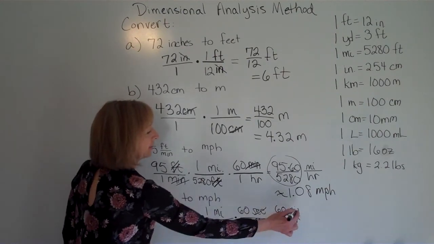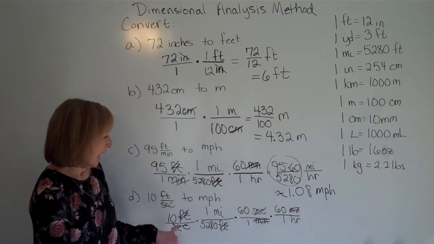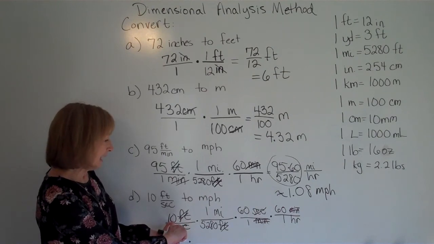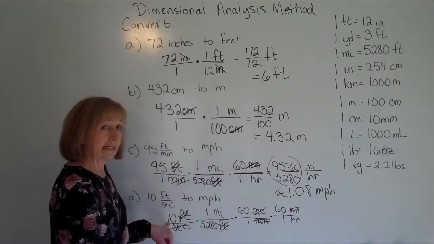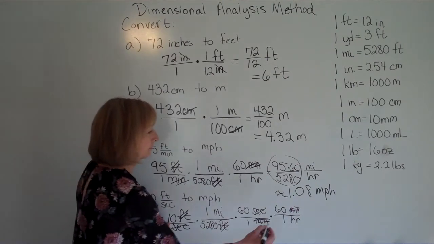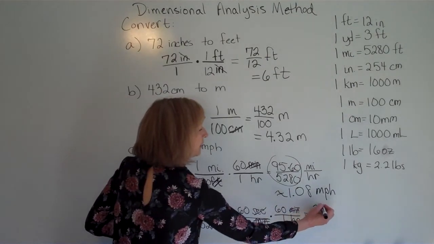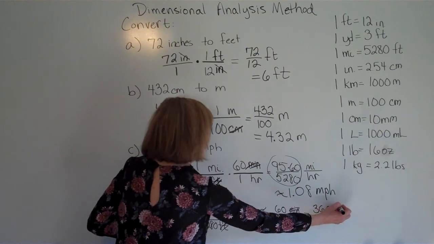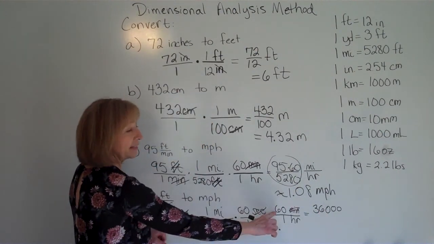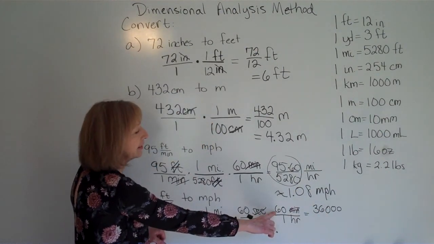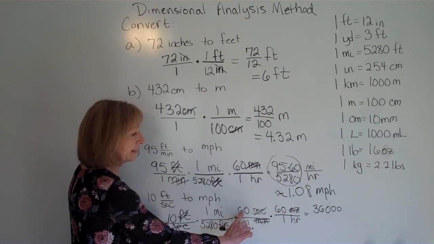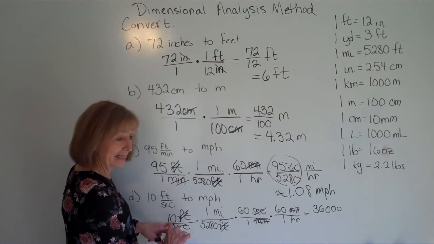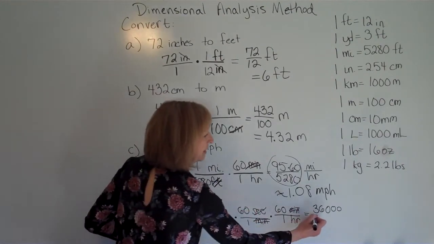The minutes then cancel. And when I multiply 10 times 60 times 60 in the numerator, so that's 36,000. So 60 times 60 is 3,600. And then when I take 3,600 times 10, I'll get 36,000.